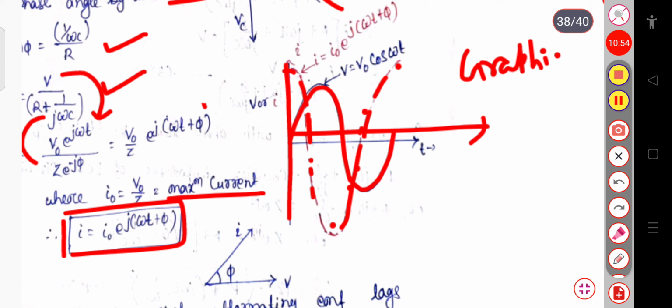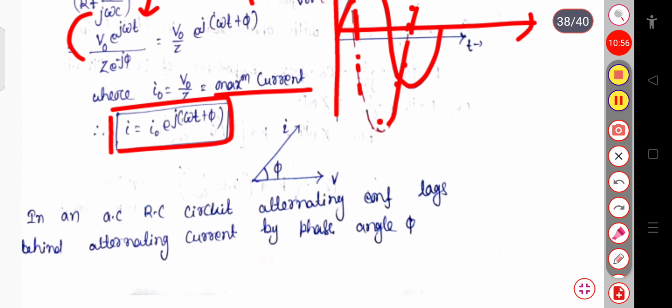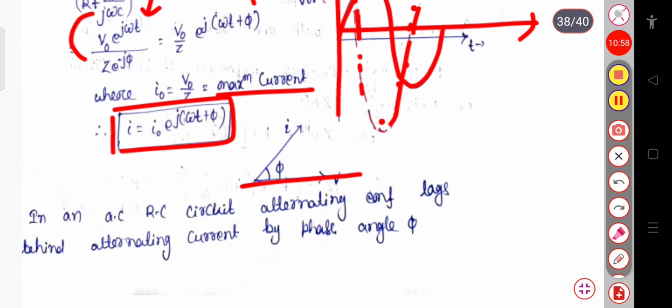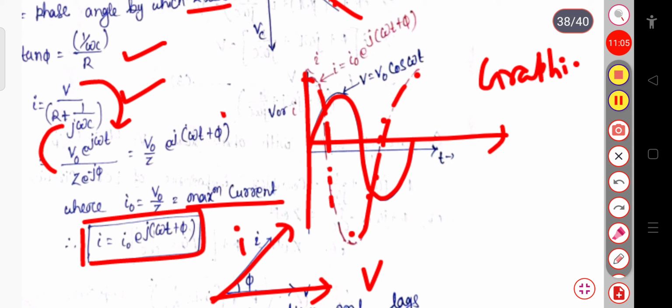Or you can represent this in the vectorial form. This is suppose the voltage V, and this one is the current, and you can see that the current value is I naught exponential j omega t plus phi, but here V will be equal to V naught cos omega t, or simply we can write V equal to V naught exponential j omega t.